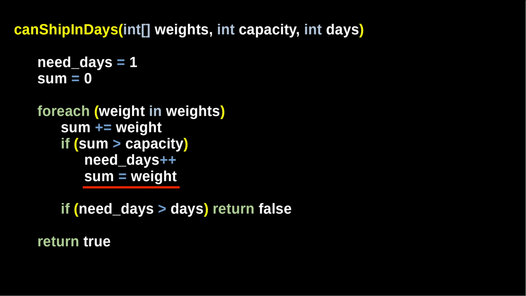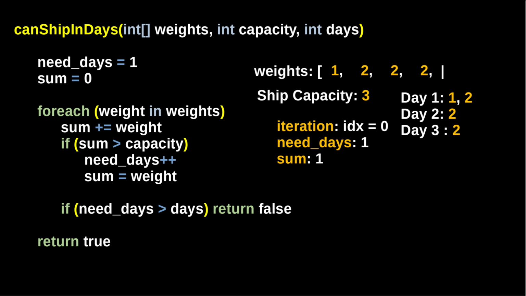Furthermore, we will assign the sum value to be the weight of the current package, because this package needs to be shipped in the next day. If the needDays that we just computed has exceeded the days that we allow, then we know this is not going to work, so we're going to return false. Otherwise, we'll return true.